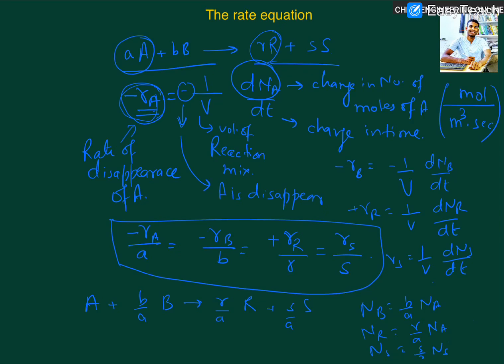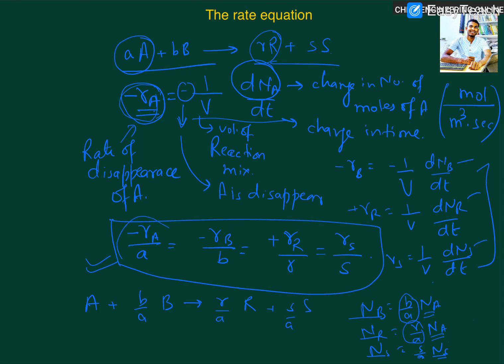That means 1 mole of reactant A consumes b by a moles of B in proportion to Na. Similarly, r by a times Na will be formed, and s by a times Na will be formed. So if you replace Nb, Nr, Ns in these equations and compare with this equation, you will get the equivalent equation. You can put it in and check.